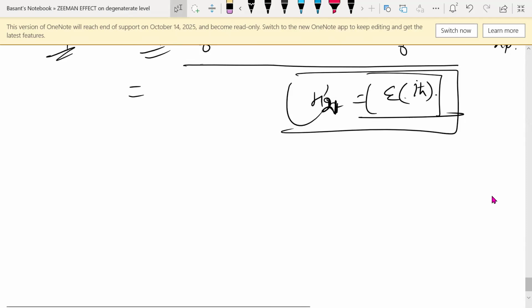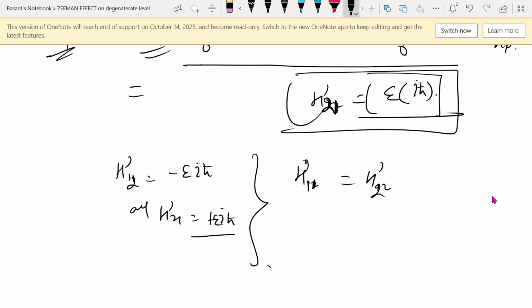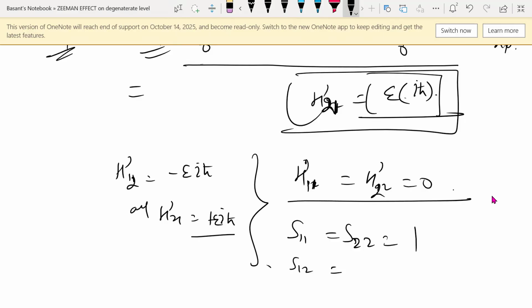So H'12 is equal to minus epsilon i h-bar, and H'21 is equal to plus i h-bar epsilon. But H11 and H22 are equal to 0, and S11 and S22 are equal to 1, and S12, S21 are equal to 0.